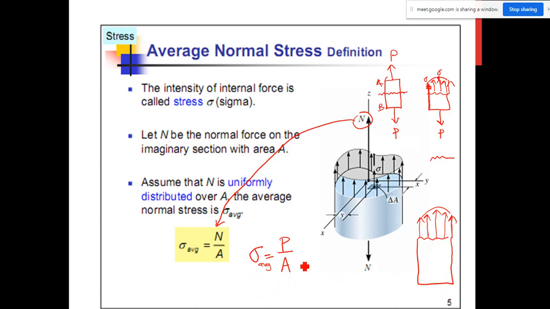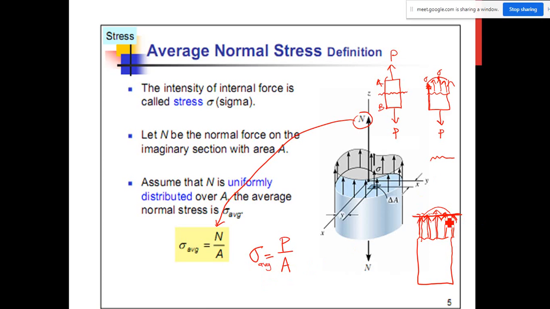Applying this equation, sigma equal to P over A, we actually calculate the average stress in the material. That's why we put AVG here to represent the average.